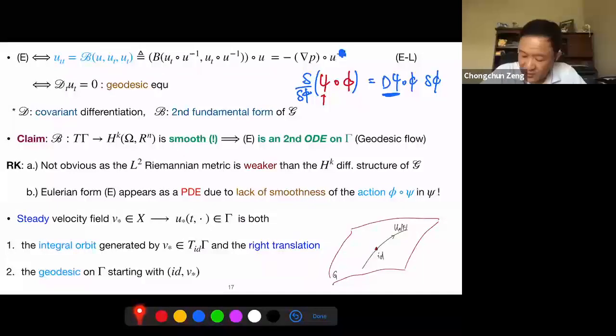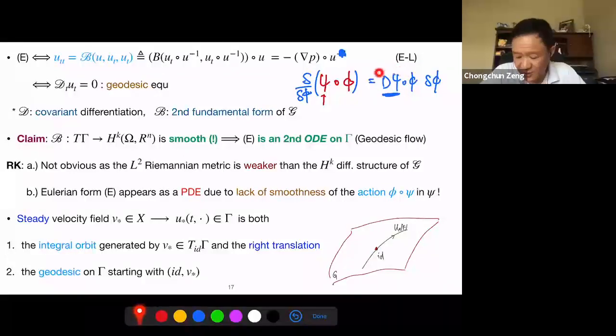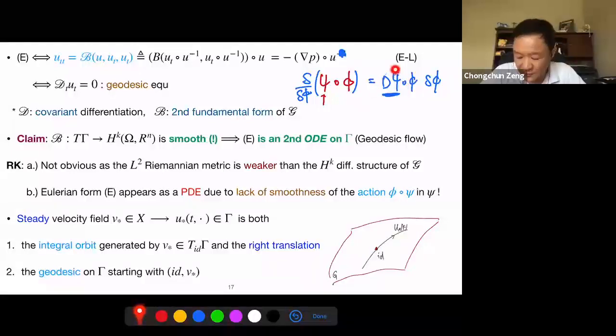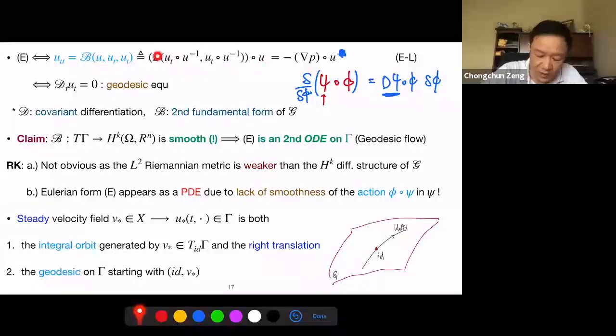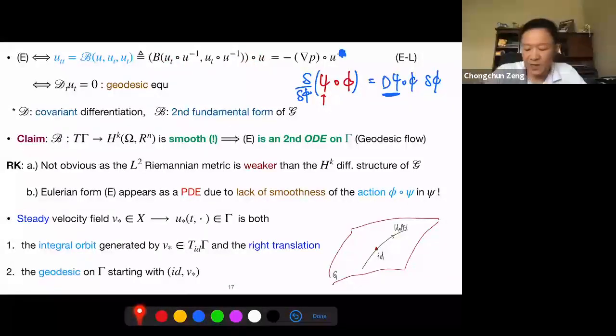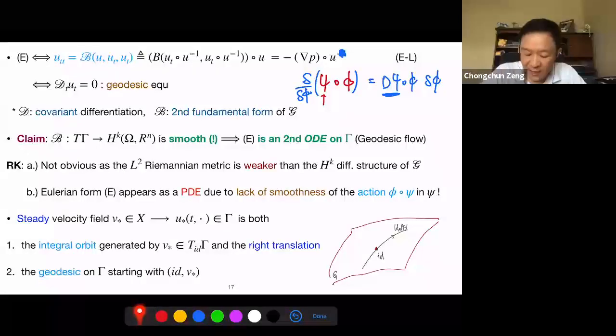This issue appears several times in this calculation if you do the variation. If you take the variation of this whole quantity with respect to u, you would have a bad term coming from here, and a bad term coming from here, but all of them are eventually canceled.